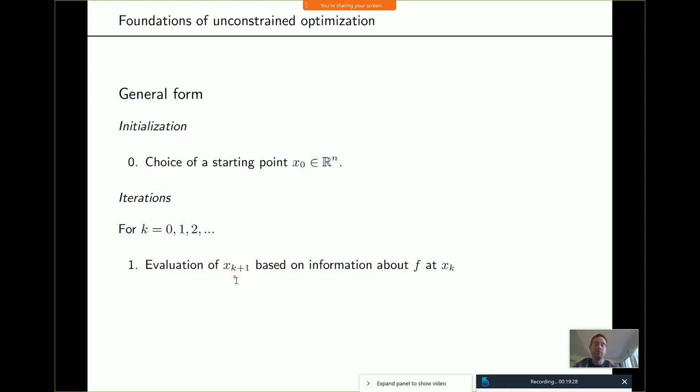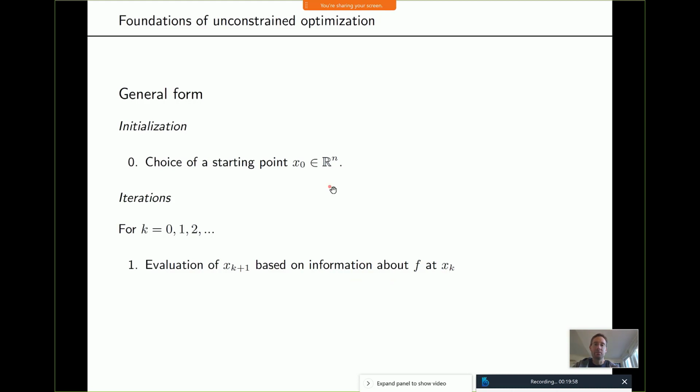So the values of the parameter or the argument of your objective function x are now subscripted by the iteration counter. So these values change, and the first thing that you do is that you evaluate xk plus 1 based on information about f at xk.